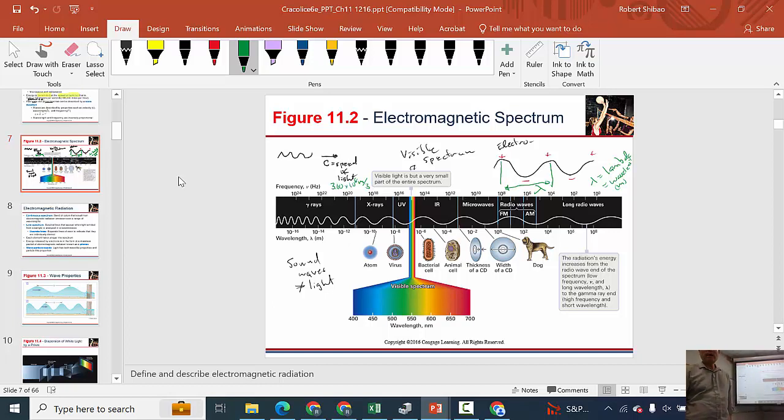But the wavelengths can vary dramatically. If the wavelength were smaller, AM radio has wavelengths on the order of 10 squared, 100 to about 1,000 meters. So 100 meters would be the distance from one peak to the next peak, up to 1,000 meters.